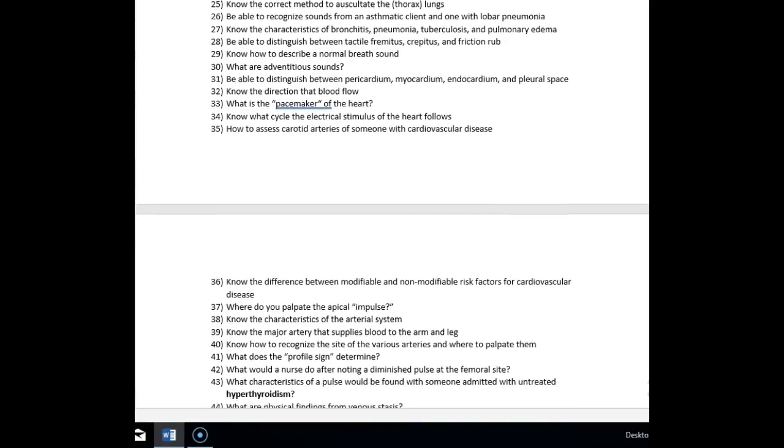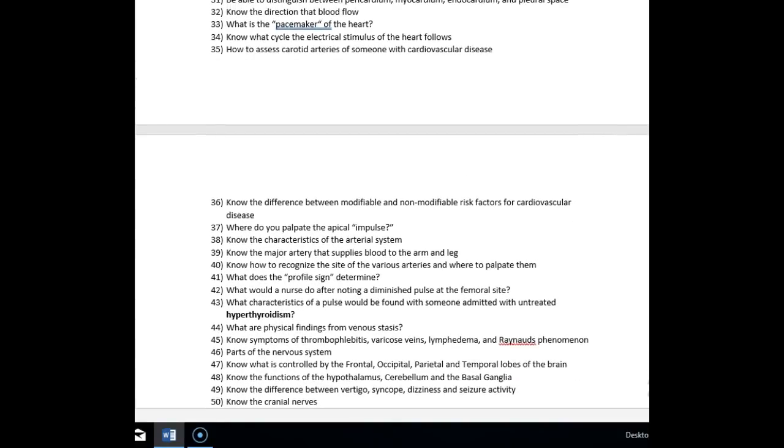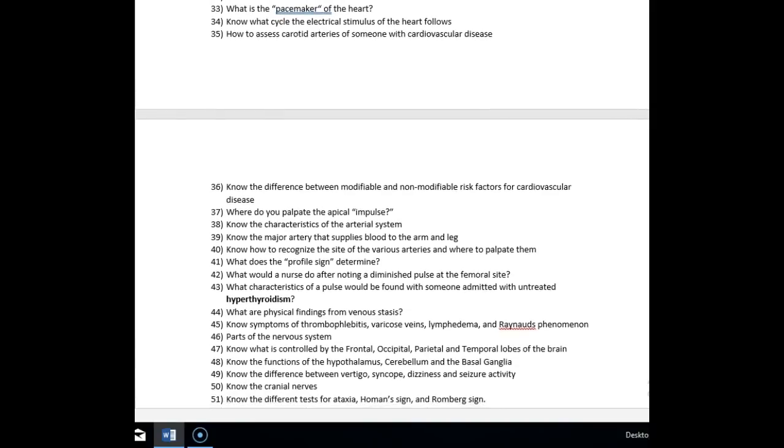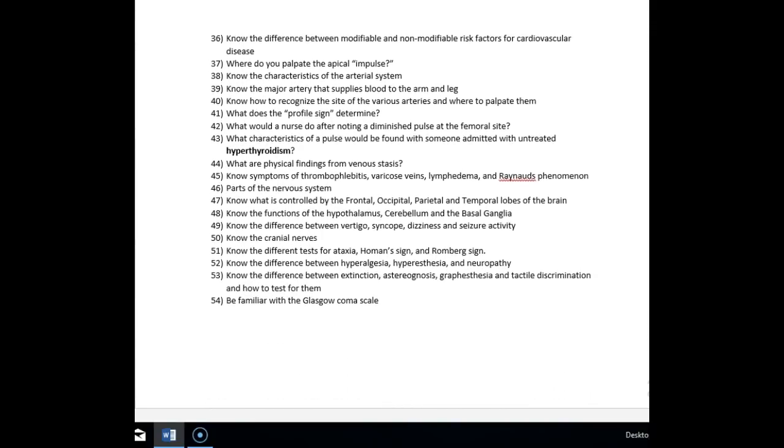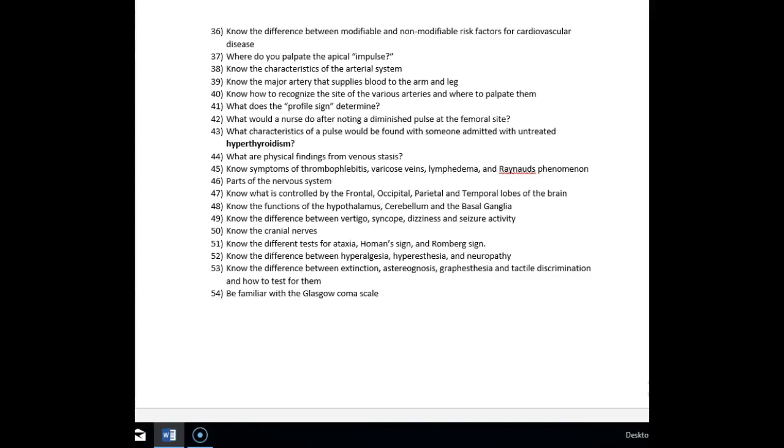Oh, I'm sorry. Okay. Know the difference between modifiable and non-modifiable risk factors for cardiovascular disease. What I want y'all to know is that modifiable are behaviors that you can change.